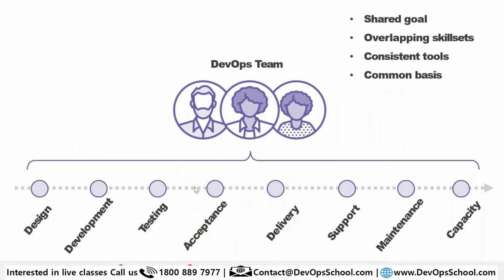There's one team for everything. So all the phases, all the processes, all the tools, all the practices, and all the skill sets are integrated with each other and managed by one team. And what you are doing exactly, you have to decide. It depends on the project.